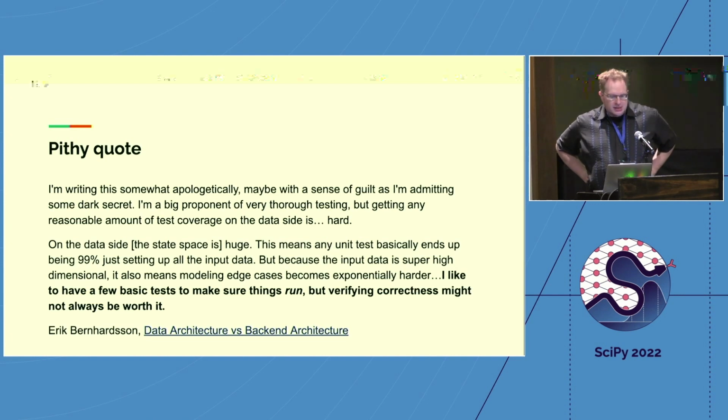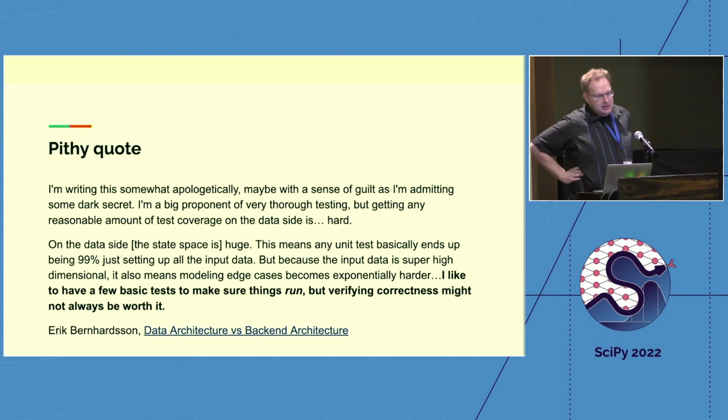On the data side, the state space is huge. This means any unit test basically ends up being 99% just setting up all the input data. But because the input data is super high dimensional, it also means modeling edge cases becomes exponentially harder. I like to have a few basic tests to make sure things run, but verifying correctness might not always be worth it.